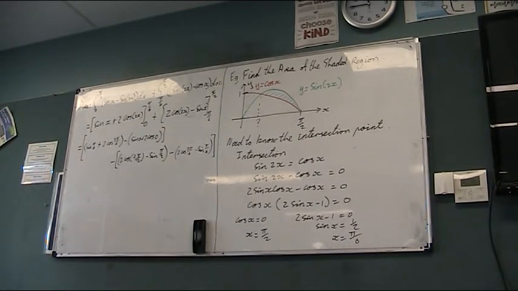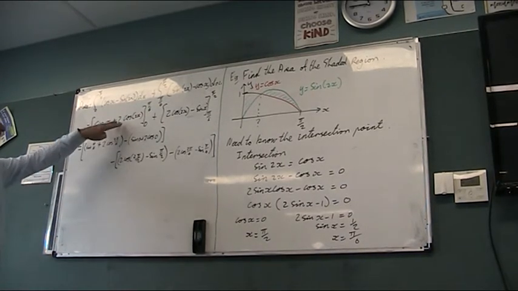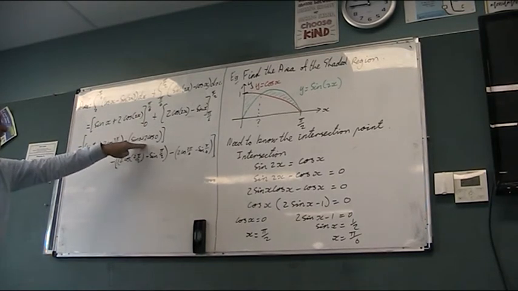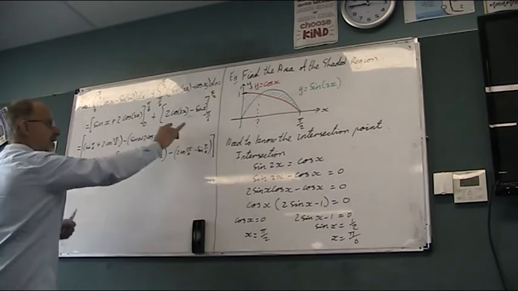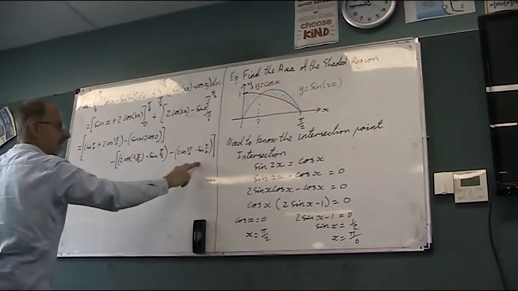Anything else? Made an error transcribing or anything? So this first bracket should be that with pi on 6 and then with 0. Yep. And this second one here should be that with pi on 2 and pi on 6.